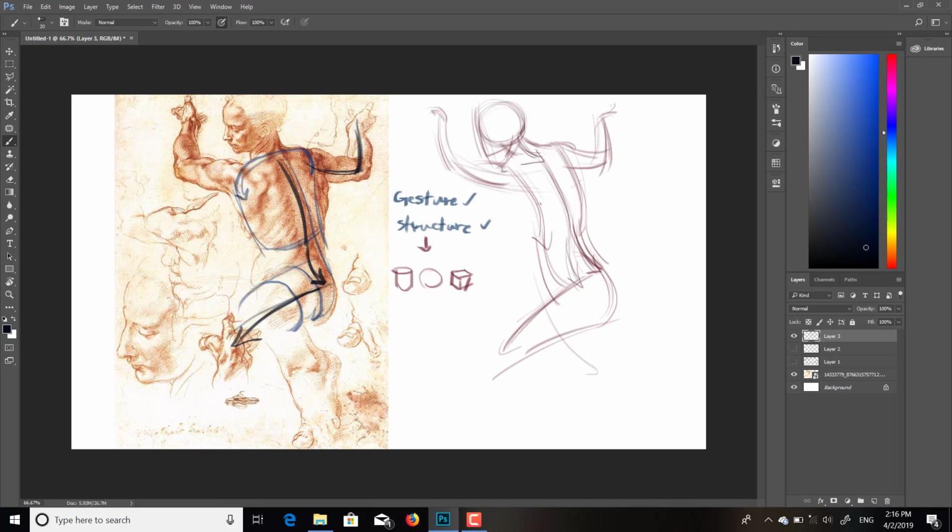But to clarify gesture, the lines that go inside the form, this line, they are inside the form and they represent the movement of the body, but they don't have any volume. So to get a sense of volume, we have to use structure.